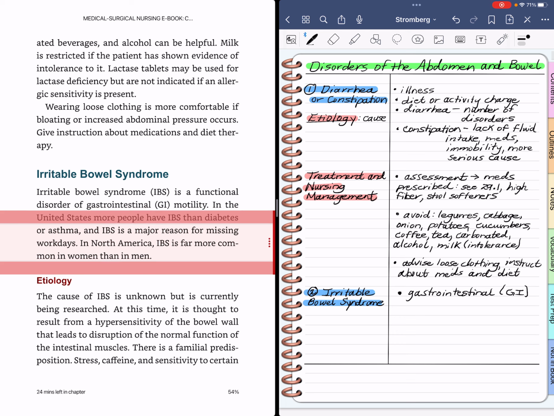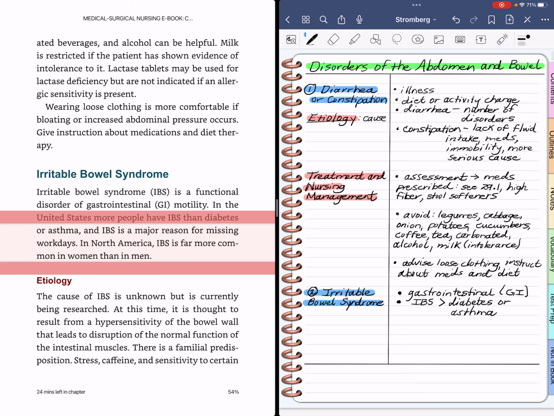In the United States, more people have IBS than diabetes or asthma. I did not know that. So IBS, irritable bowel syndrome, in the U.S. is greater than diabetes. I had no idea of this. Or asthma. I do have asthma. But IBS is larger than those diseases in America.